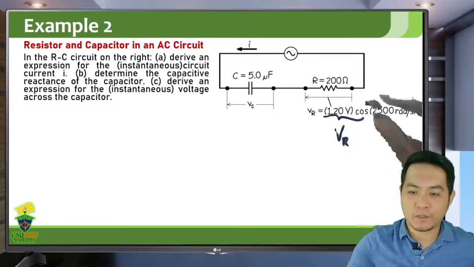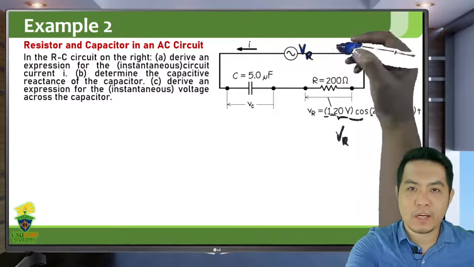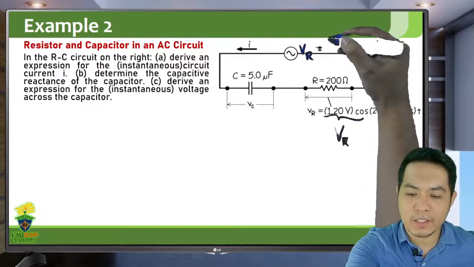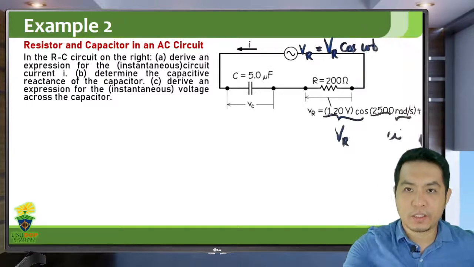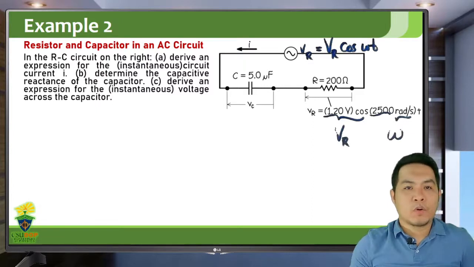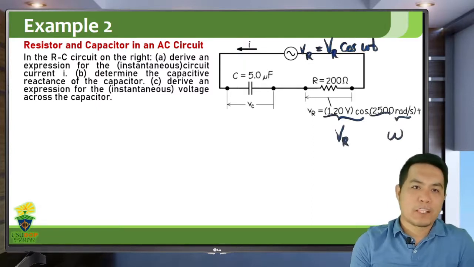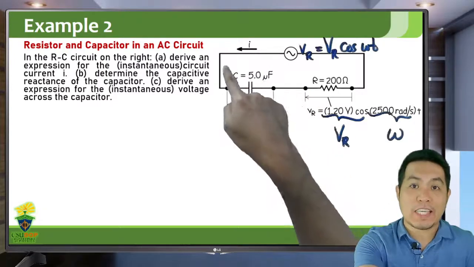So if you will recall, the instantaneous voltage for a resistor in an AC circuit is the voltage amplitude cosine omega t. So that's the form of this given value here. We are asked to derive an expression for the instantaneous circuit current I. So this is a series circuit.